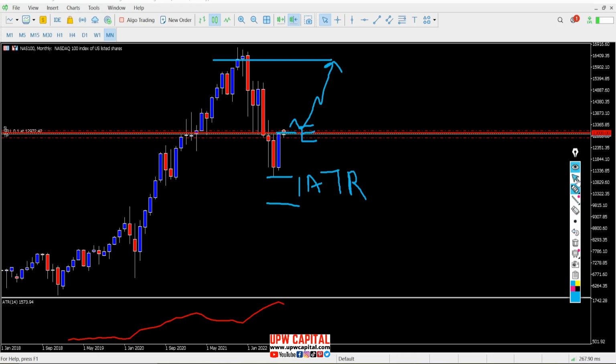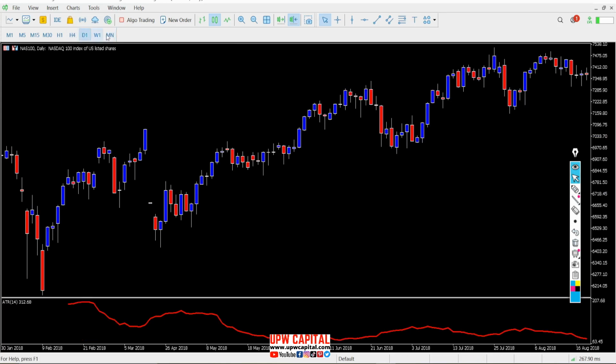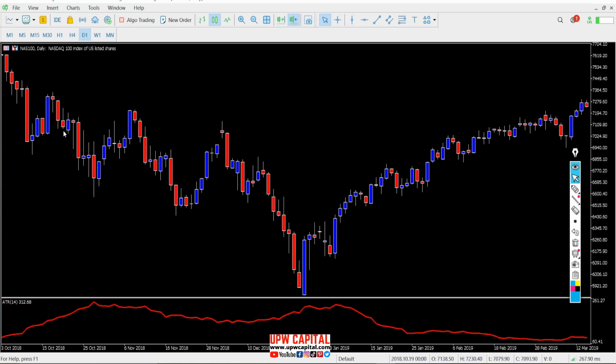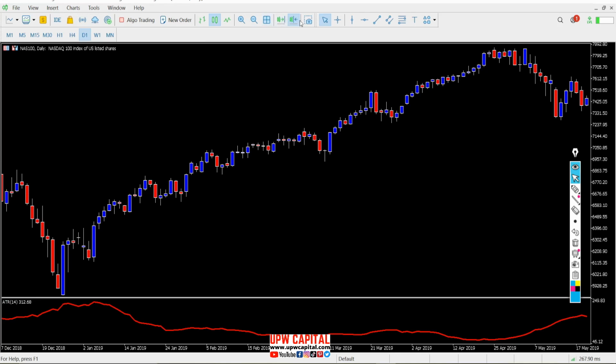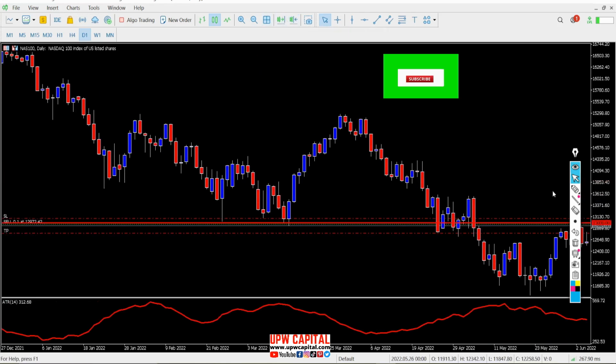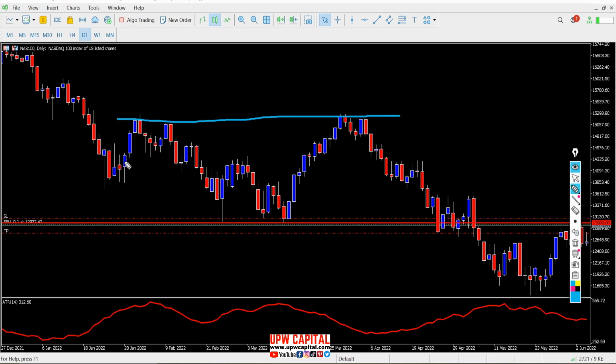Now let us look at the daily chart. I want to use an example to show you how I based my trade and to give you more support. I use this old example. If you draw a horizontal line right here, you can see price pushed in and we formed an M pattern or double top.